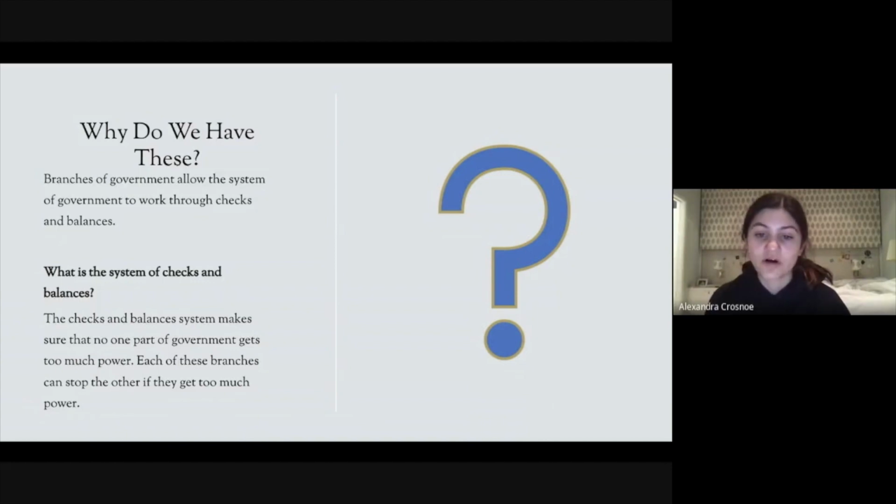For example, although the legislative branch has the power to write laws, the president, who is the executive branch, can sign or veto them. And the judicial branch has the power to interpret these laws however they choose. The writers of the Constitution put this system in place to ensure that one branch wouldn't become too powerful.